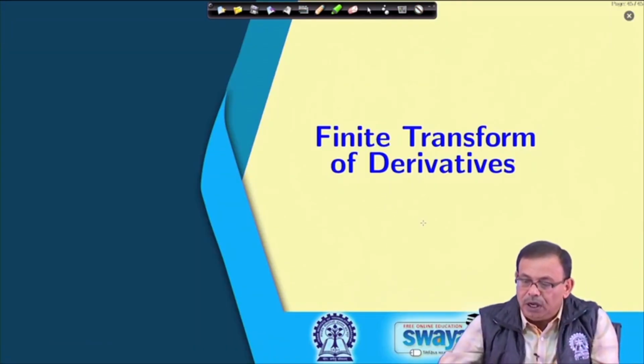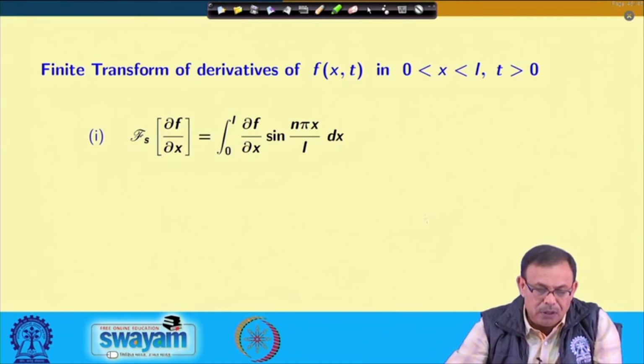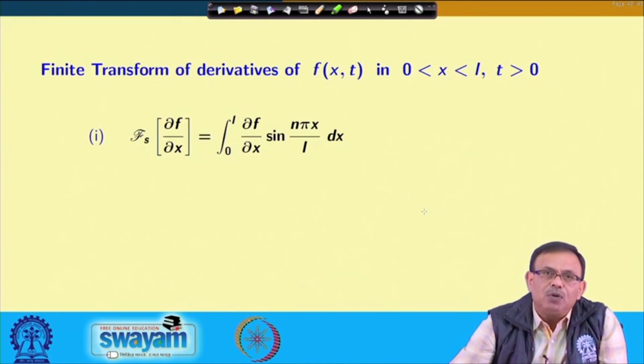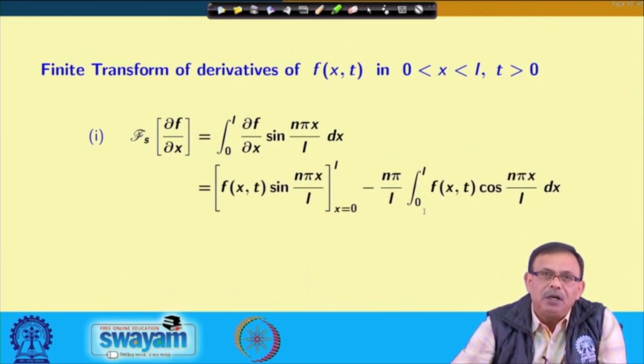If I see here, the Fourier sine transform of del f del x equals the integral from 0 to L of del f del x into sin n pi x by L. If I use integration by parts, then I will get two terms.